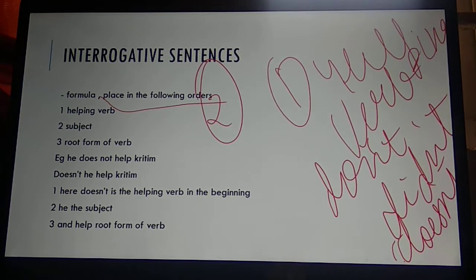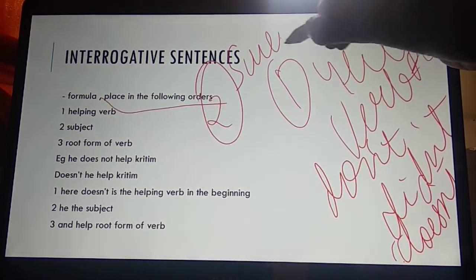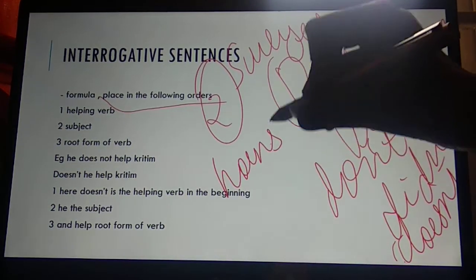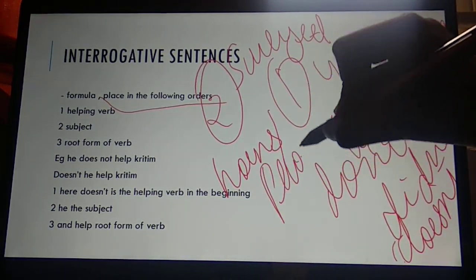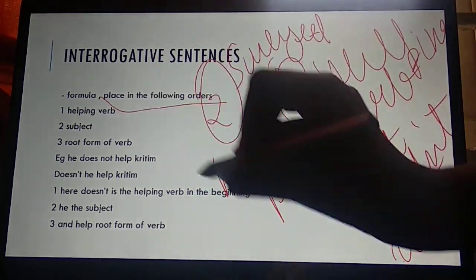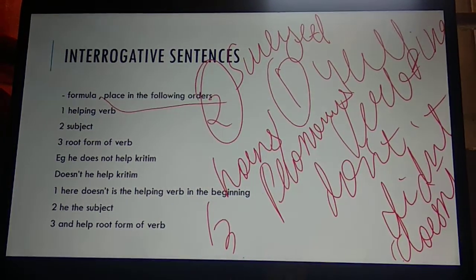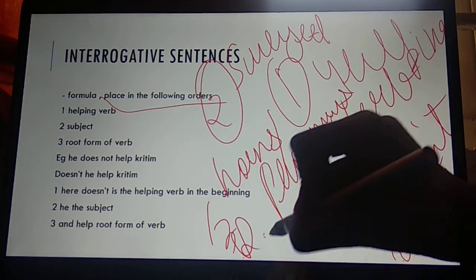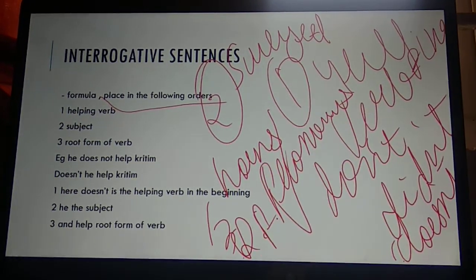On the second place will come your subject. Nouns and pronouns are the subjects mostly. And on the third position, at the last position, will come the root form of verb.